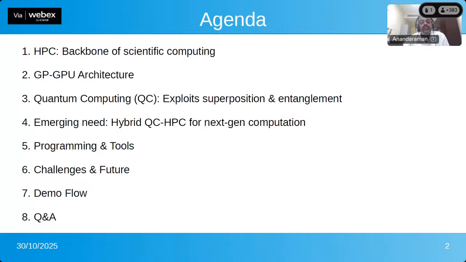So how this supercomputing or HPC is getting accelerated by GPU. In future it will be accelerated by the quantum processing unit, QPU. And some programming tools, that is CUDA Q, and we will see the demo sessions.